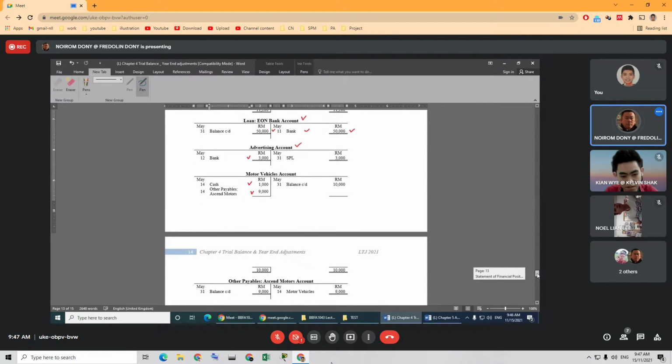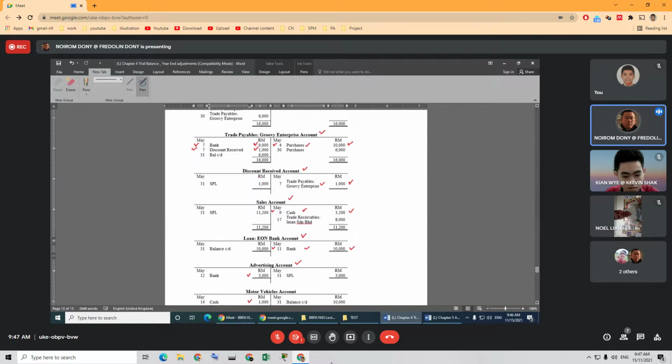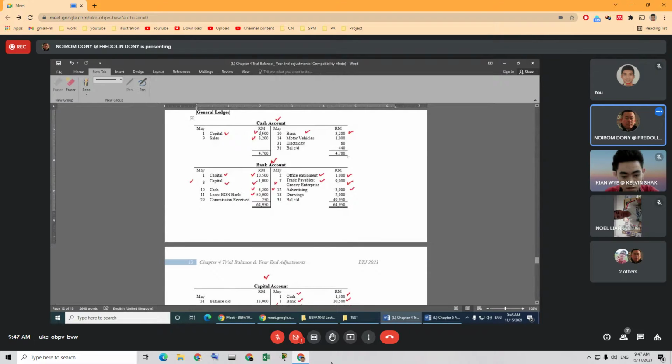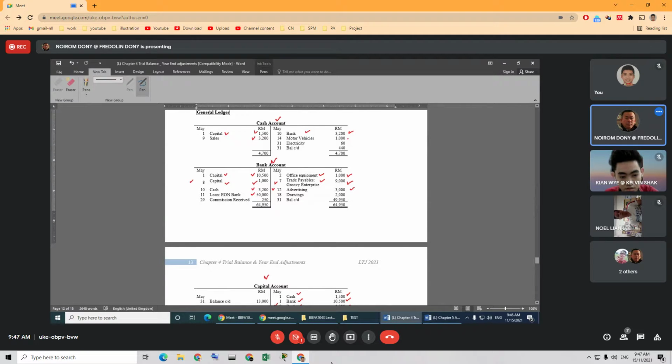This is debit, so other payable, Asan Motor will be credit. So 9,000 is already completed. But cash we have not completed. So we have to credit the cash account 1,000. So in the particular you write down motor vehicles.